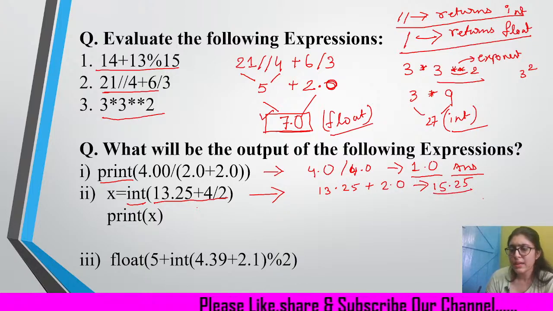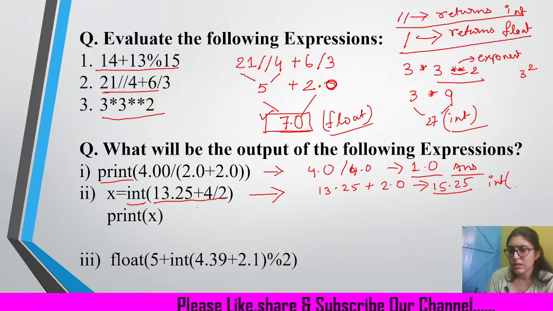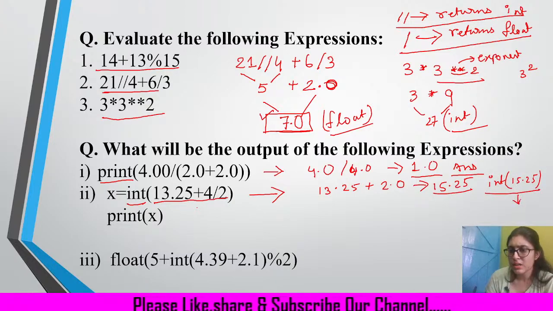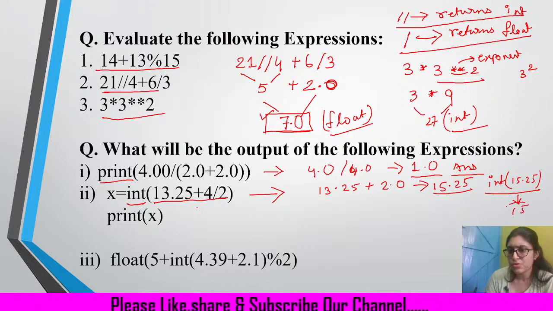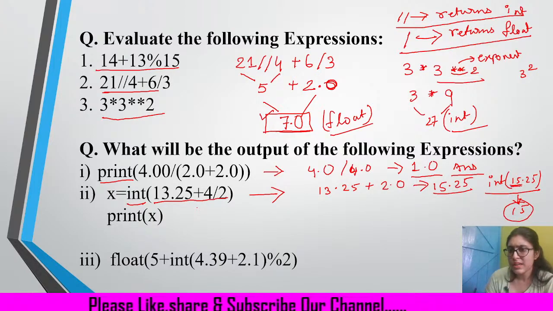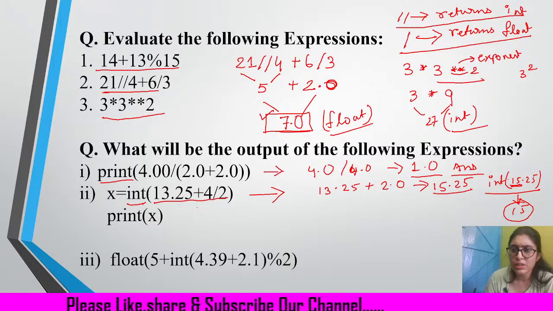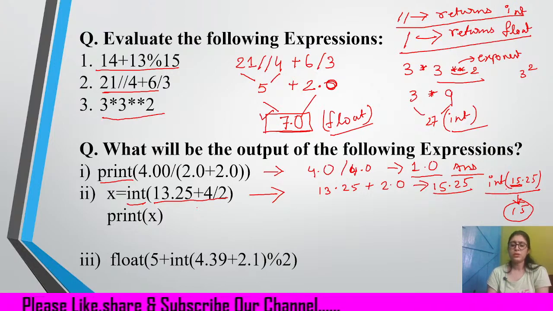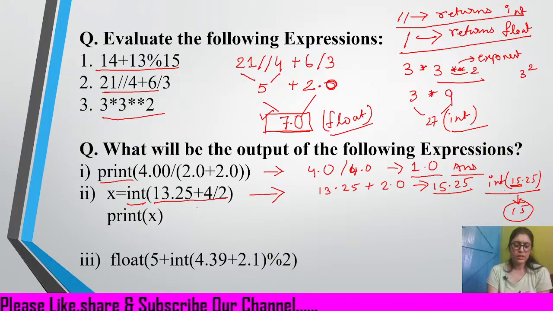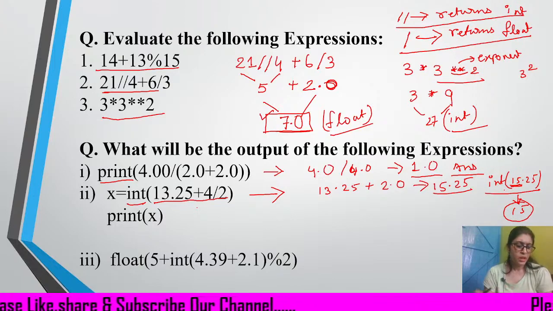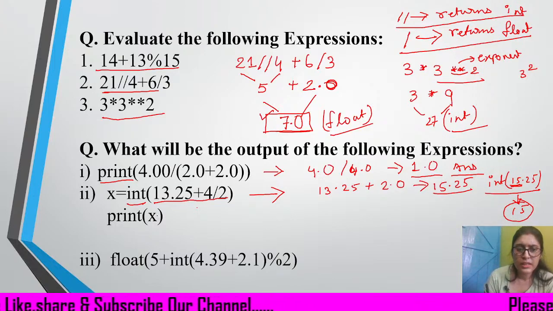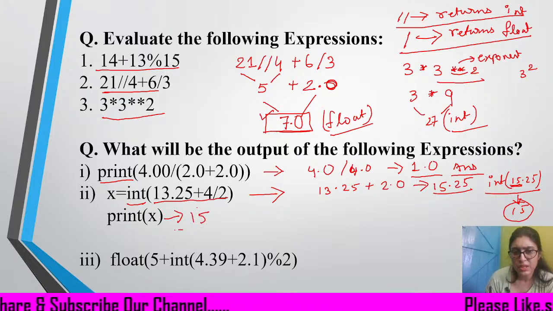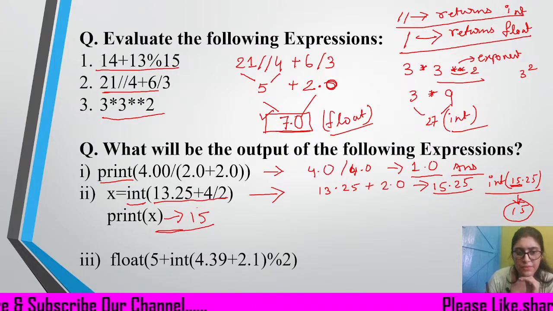And if I make this int, 15.25 will give you the result 15 actually. That means it will take only the integer part. It will convert it into an integer. It will not take the floating point part, it will take the integer part. Now this x is printed. So what will be the answer actually? The answer will be 15. This print statement will print 15.